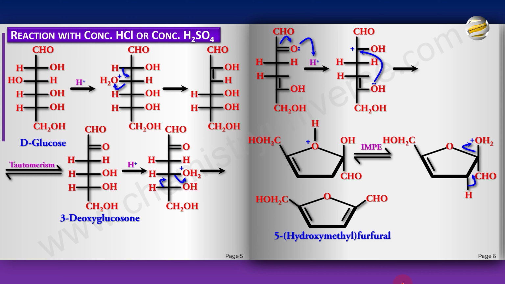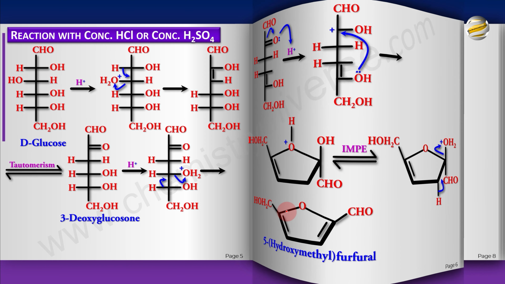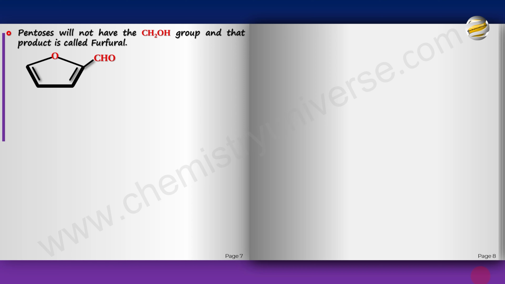Obviously, we get 5-hydroxymethyl furfural only because we have 6 carbons. If we had only 5, then this would not exist, and that would only give you a furfural. So pentoses will not have the CH2OH group, and that product is called furfural. That is this one. Now, it is this furfural that reacts with the Molisch reagent.